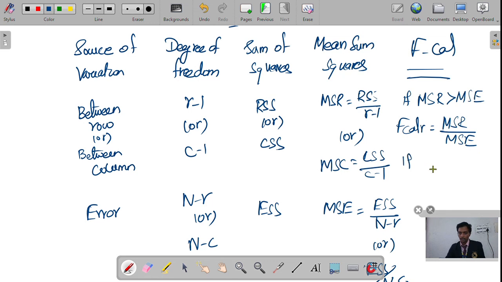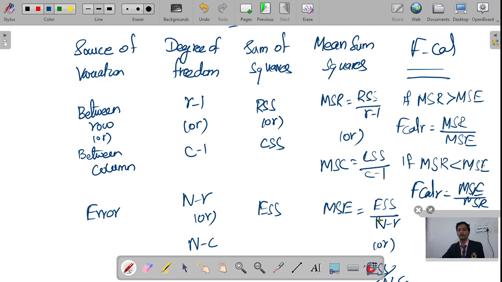If MSR is less than MSE, then F cal R equals MSE by MSR. So this is the formula for row wise.